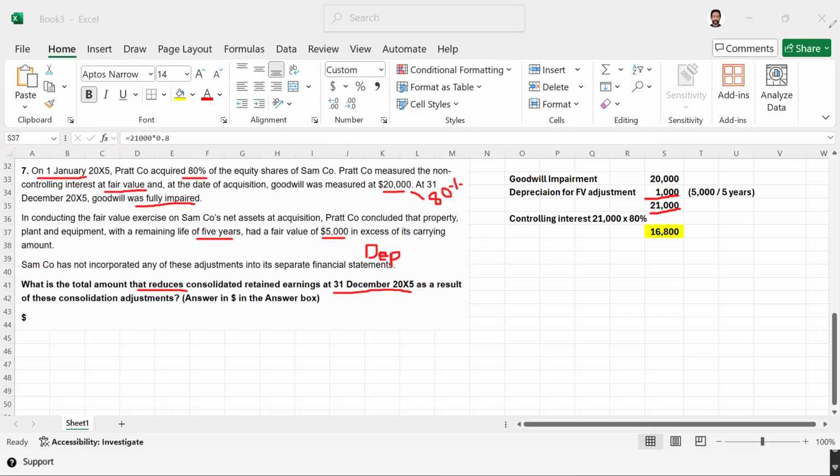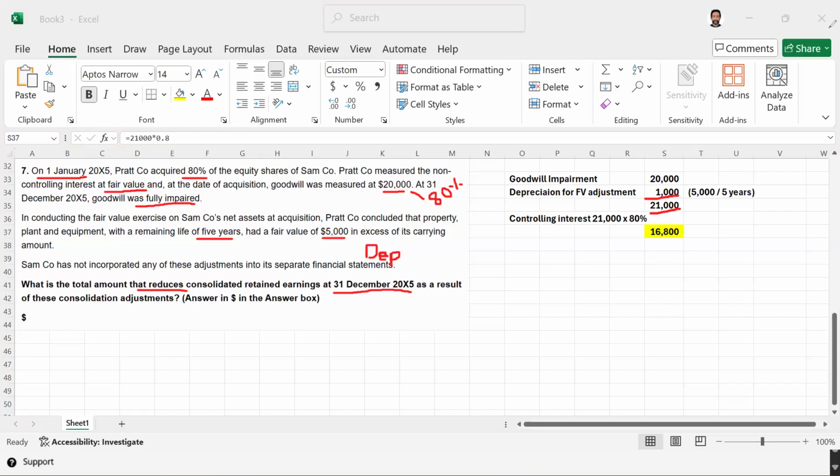And yes, because this fair value adjustment is related to the items of the subsidiary, it belongs to the parent, but it relates to the subsidiary, when we conducted the fair value adjustment for the net assets of the subsidiary company.